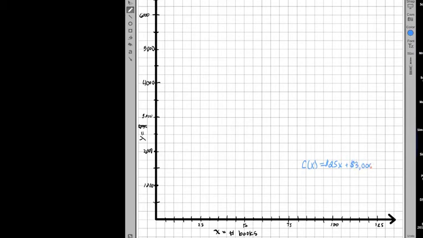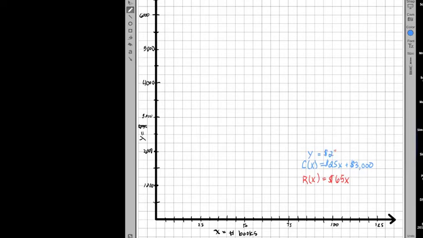So I have my c of x and my r of x, both which are equal to money. So they're going to be different lines. But my money, I know I'm going to have to go up at least to 6,500 because that's one of my points on there. I know when I sell 100 books, that's my revenue, $6,500. So I made sure my graph went all the way up there, and I'm counting by 500s.